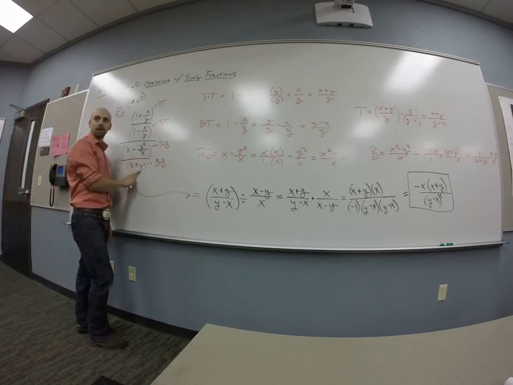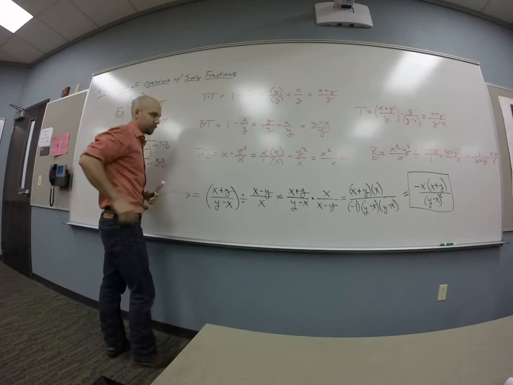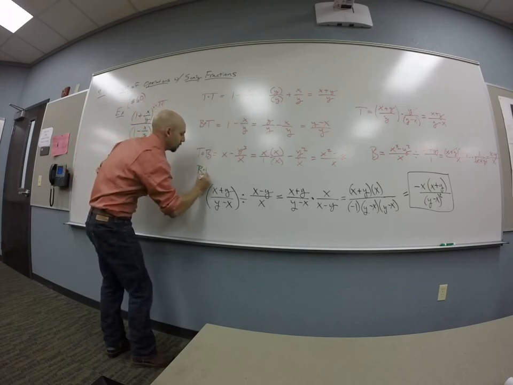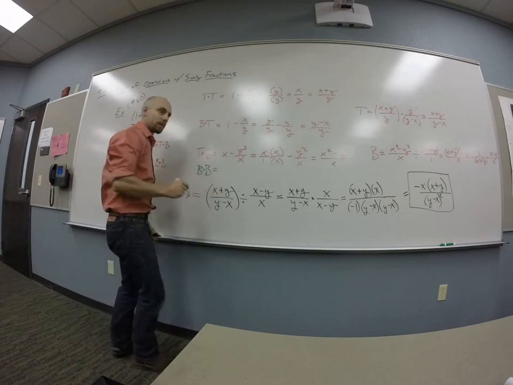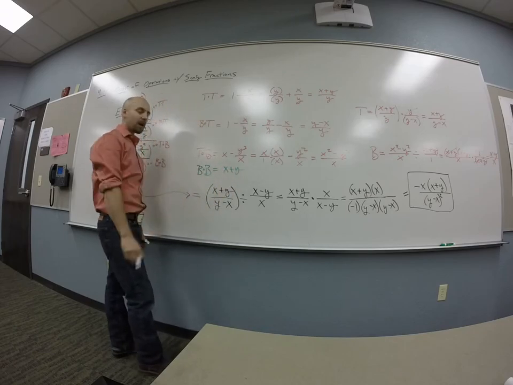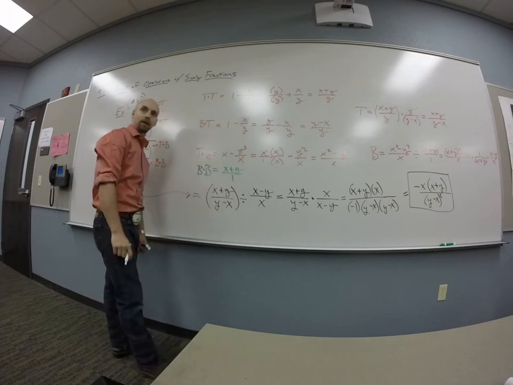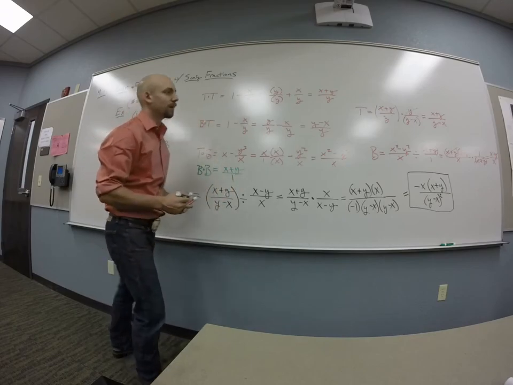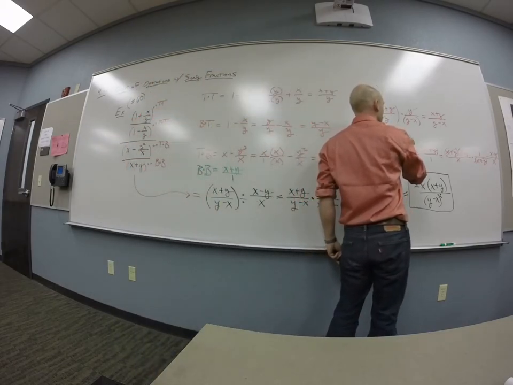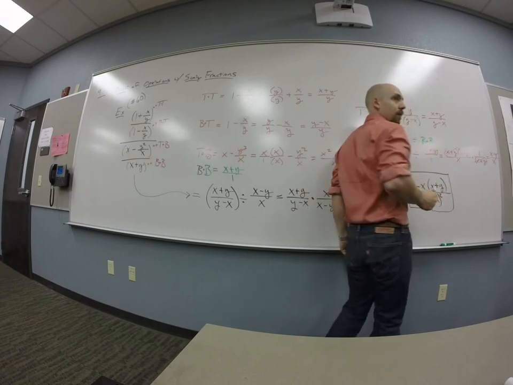If I want to write that as a fraction, everything I've been dealing with is a fraction, so let me just say over 1. And that's why it's right there. So the bottom is the top of the bottom divided by the bottom of the bottom. All right, thank you.